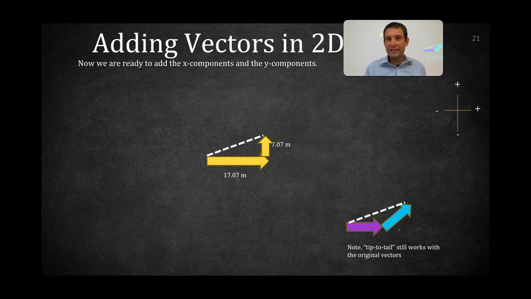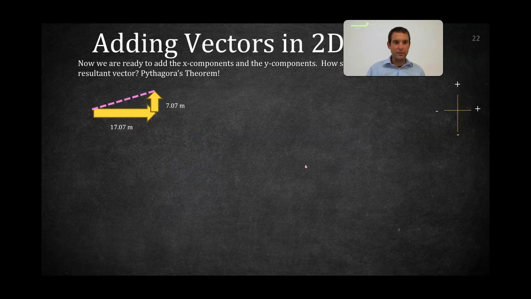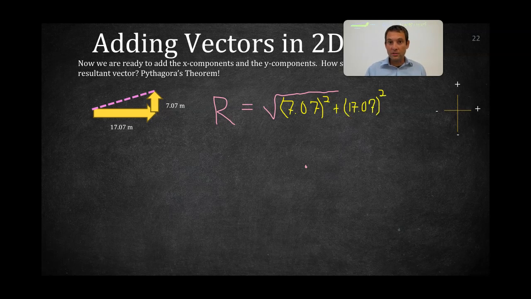It's just we can't get the exact mathematical magnitude. But for direction, absolutely. When we do the Pythagorean theorem, it's r, the resultant vector, equals the square root of x squared plus y squared. So my resultant magnitude is 18.47 meters.